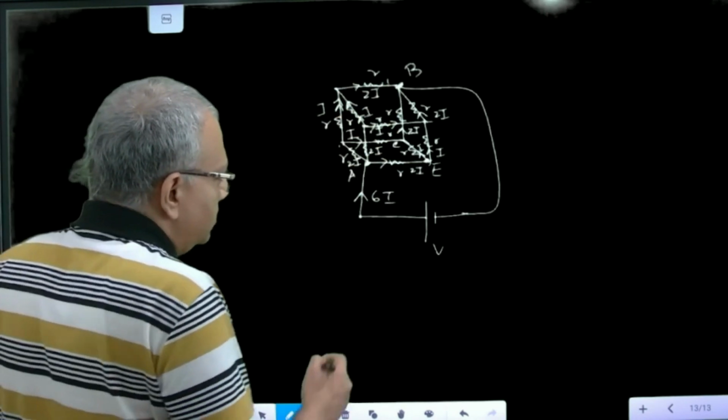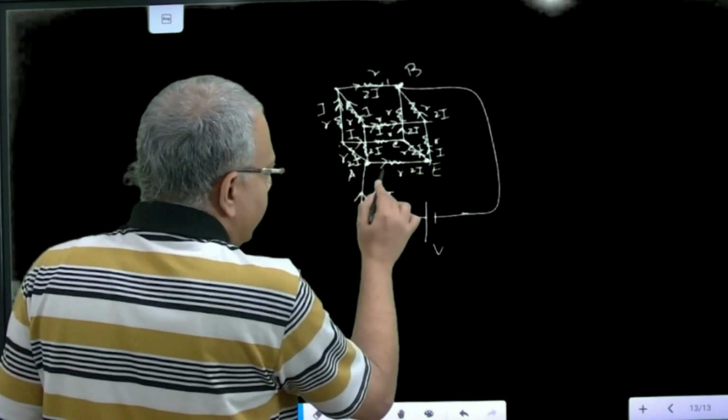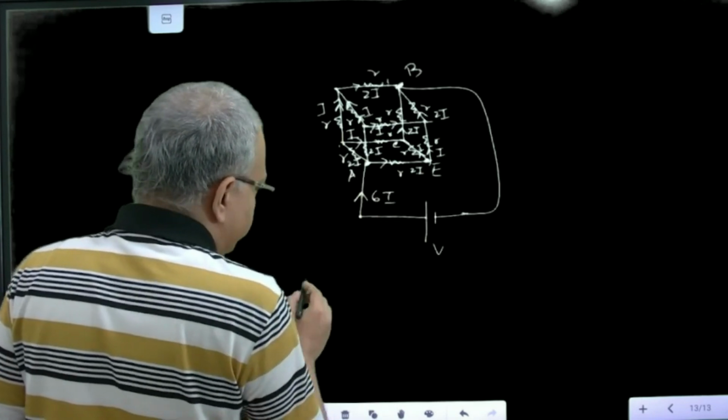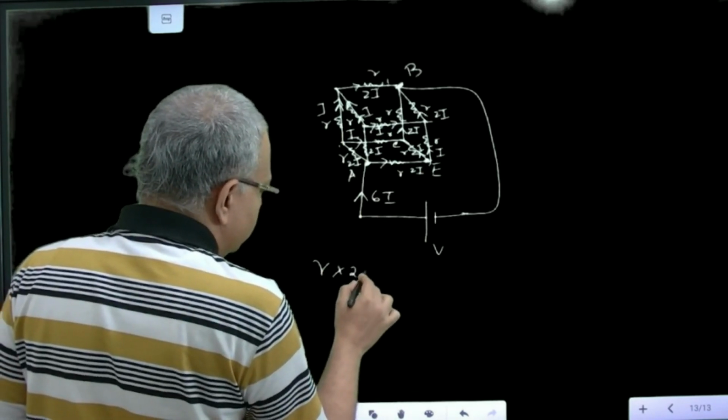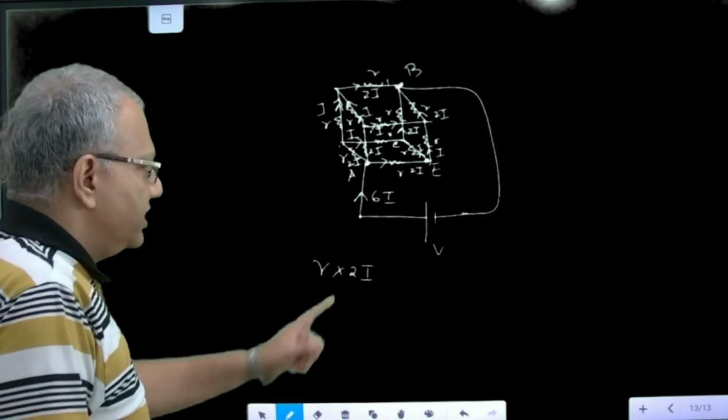So now what I can find from here, A to E, current is 2I, then R into 2I, voltage drop.